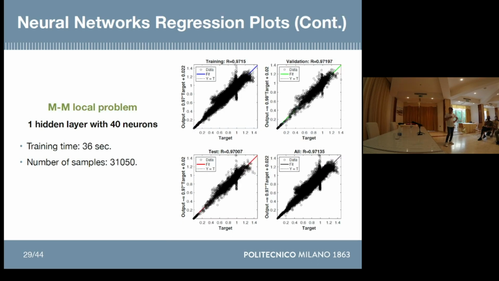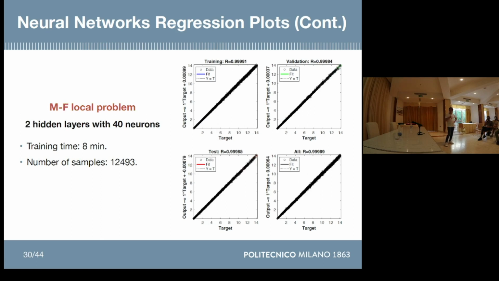While for the matrix local problem, the results are a bit scattered, especially around the target one. So in order to improve these results, I added a layer with another 40 neurons, and the results are obviously better, but the training time gets higher.